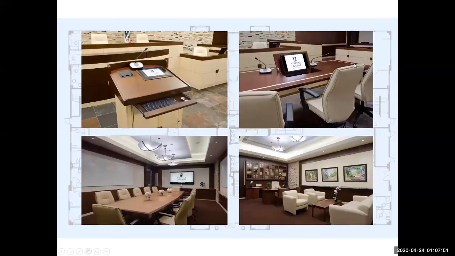Other elements were the prosecution and the defense tables, where their laptops could be provided, and that same information presented at the lectern would also be provided here at the screen of each table.